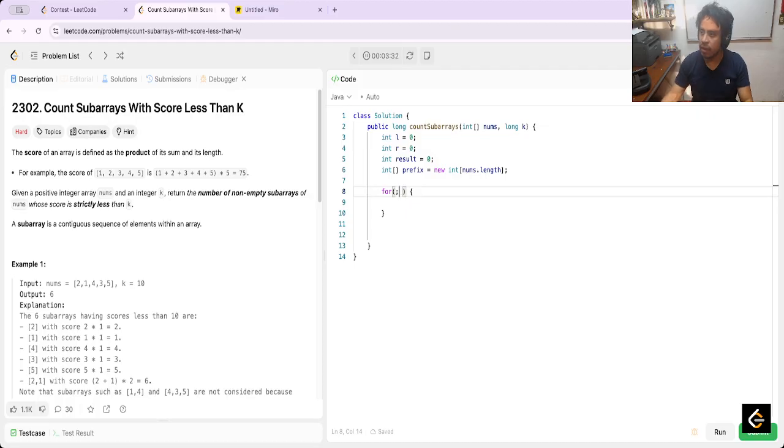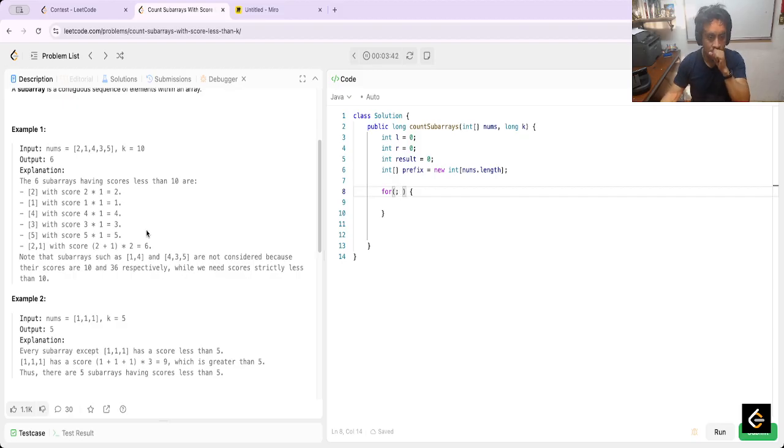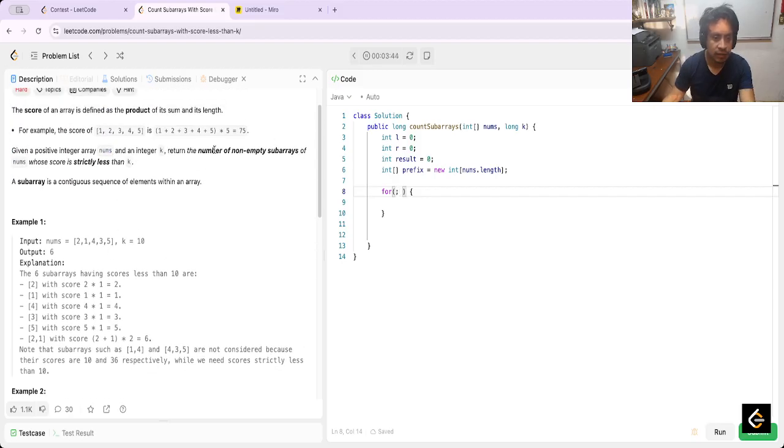At any moment it is stopped only where this conditional appears, that the result is greater than k. But well, in this case r is less than nums dot length, r plus plus.